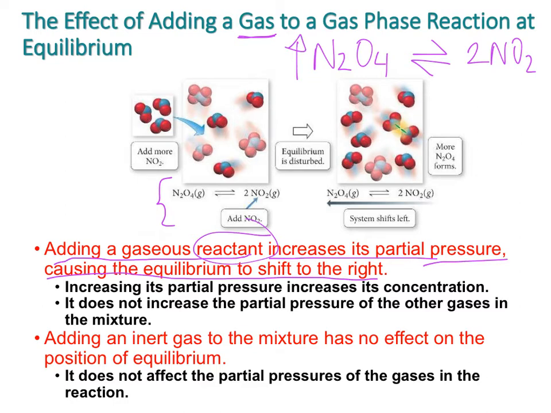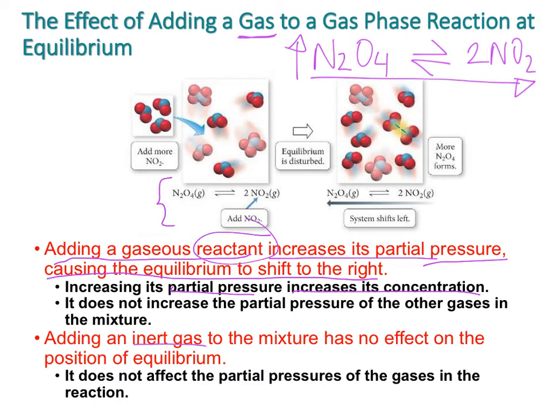What will happen to the reaction? It's going to shift to the right in order to counteract this increase in pressure. Increasing partial pressure also increases concentration, so it's along the same idea as concentration. So that's why it'll shift to the right.